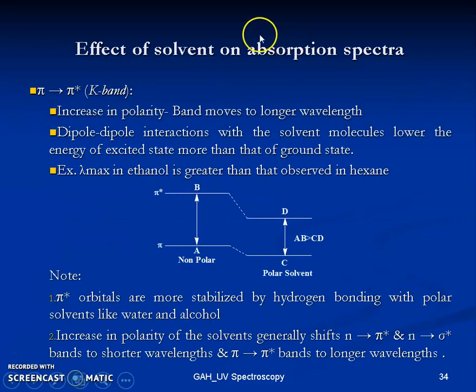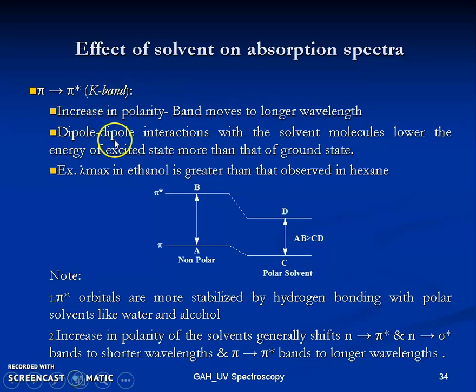Next, coming to the effect of solvent on pi to pi star transition, also known as K-band. Here, with increase in polarity, the band moves towards the longer wavelength region. Okay, it is quite the vice versa of the previous, that is n to pi star transition.